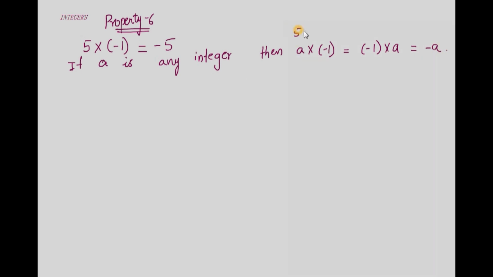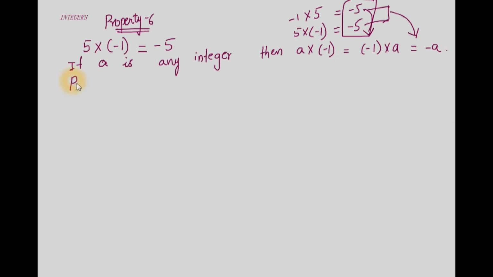Look here, 5 into minus 1 is equal to minus 5 and minus 1 into 5 is equal to minus 5. So a into minus 1 is equal to minus 1 into a is equal to minus a. In both cases the answer is the same, that is minus a.